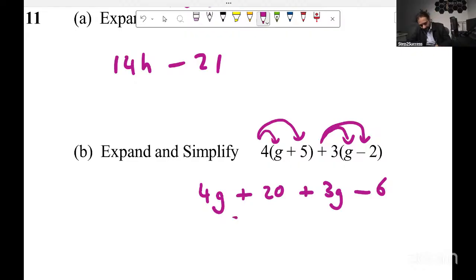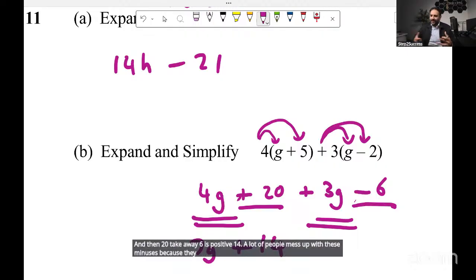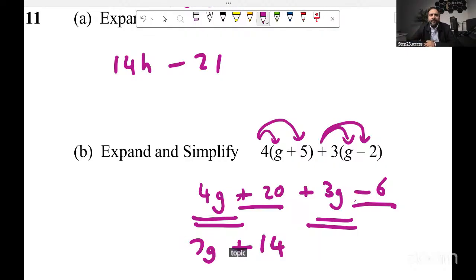And then you've got 4g add 3g, like the mobile phone stuff. 7g is what that adds up to. And then 20 take away 6 is positive 14. A lot of people mess up with these minuses because they confuse it with a different topic. But that is what it is. Okay.